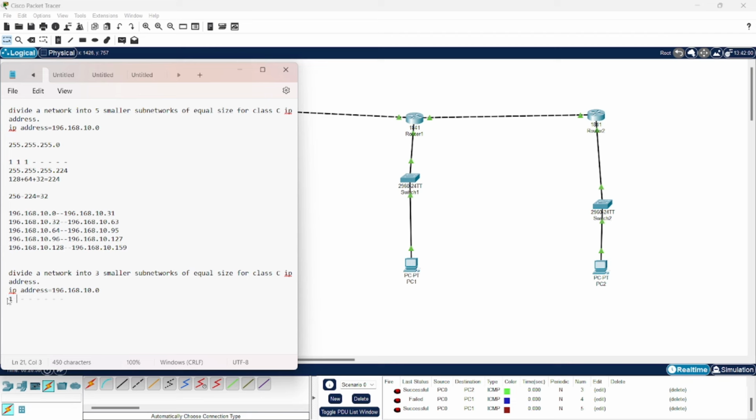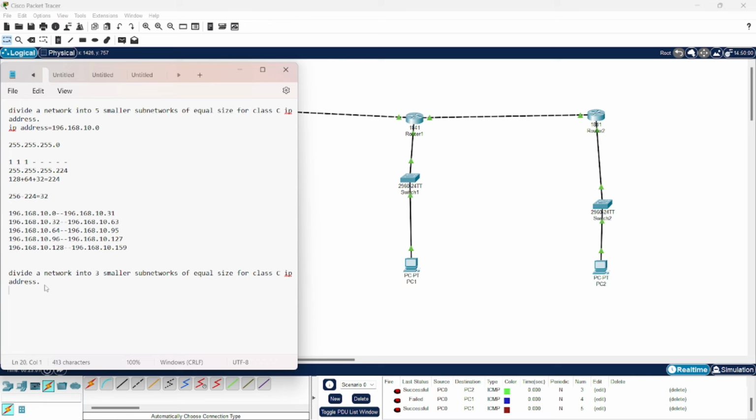So now our subnet mask would be, instead of 255.255.255.0, it would be 128 plus 64. That is, we are going to divide a network into three smaller subnetworks of equal size for a class C IP address. The default subnet mask should be 255.255.255.0.